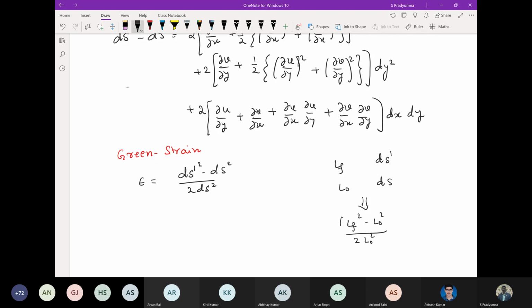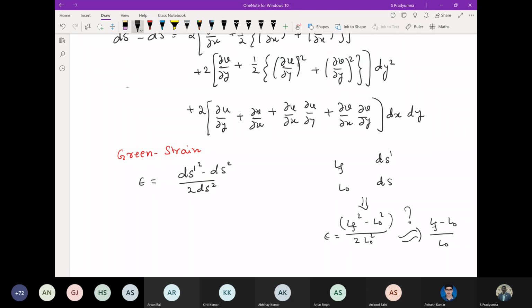This is the strain expression we obtain. So we get the equation LF minus L naught divided by L naught. From this we have to see.